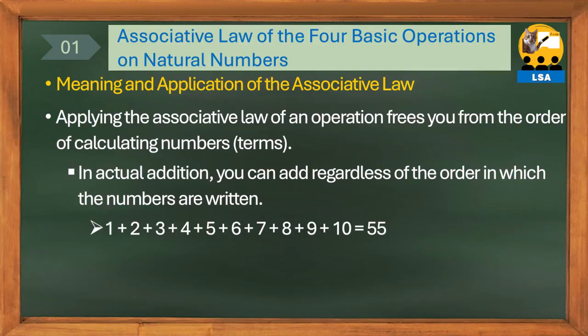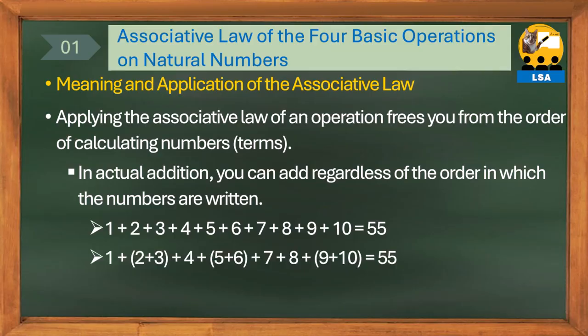In the calculation to find 55 by adding 1 to 10, you can freely decide the order of addition. As one method, calculating as 1 plus 2, plus 3 plus 4, plus 5 plus 6, plus 7 plus 8, plus 9 plus 10 is possible because the associative law holds.